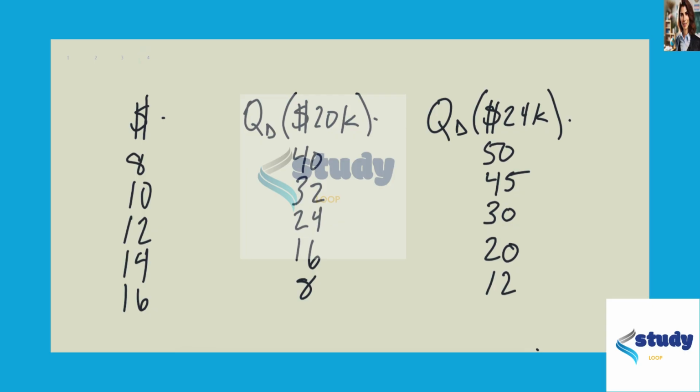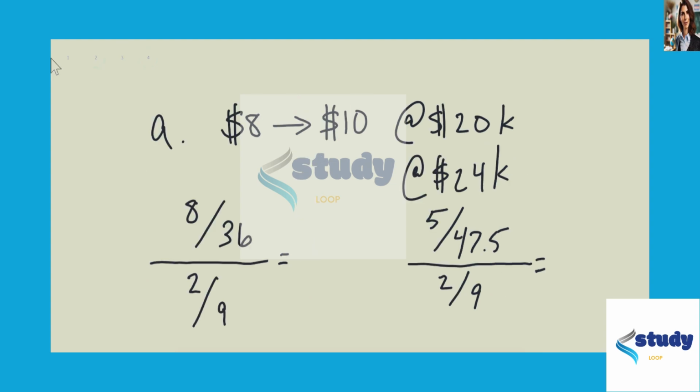Okay, simple enough. So for letter A, we're going to move from $8 to $10 in the price of pizza. So the price is increasing by 2. And it's asking if your income is 20,000 and if your income is 24,000, what is the price elasticity?